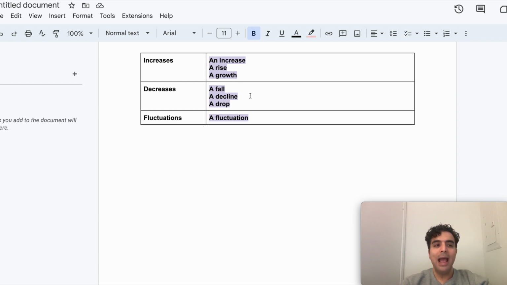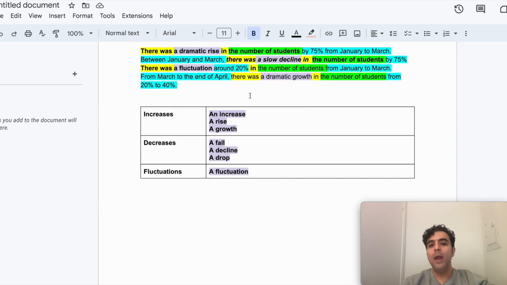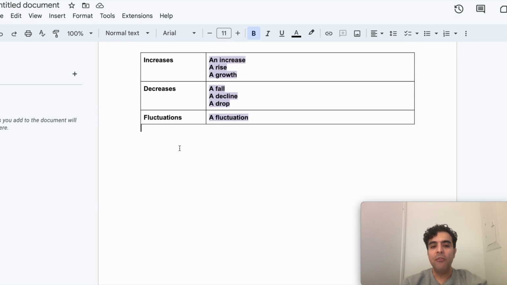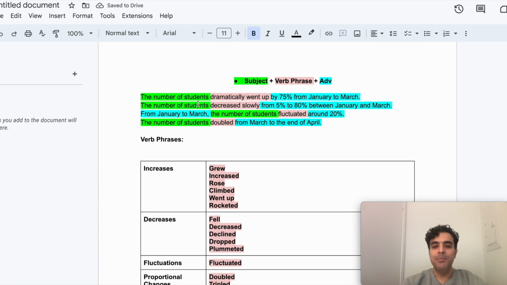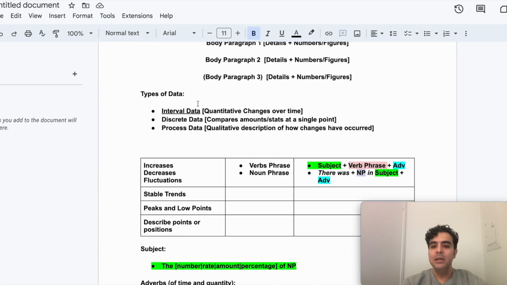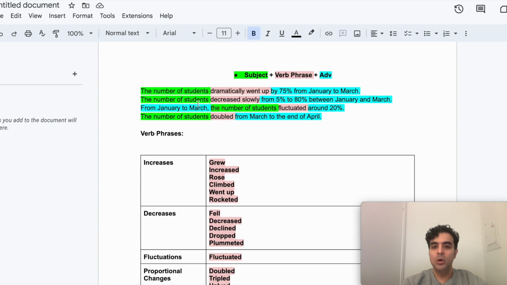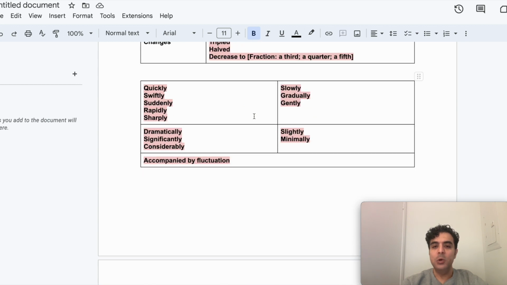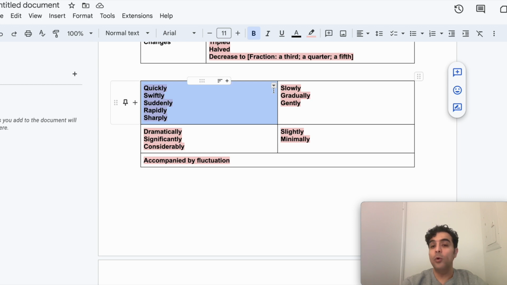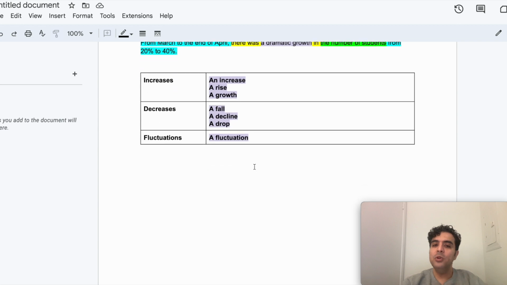What about adjectives? Is there any way that we can modify these nouns? So in the previous example, we had adverbs, right? So you could say it increased quickly, swiftly, suddenly, rapidly, or you could say it increased slowly, gradually, gently. What about if we're using a noun phrase?